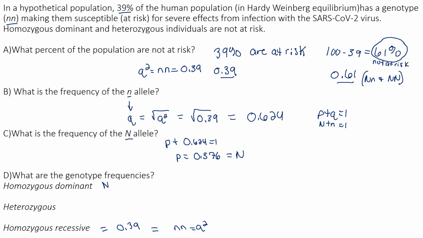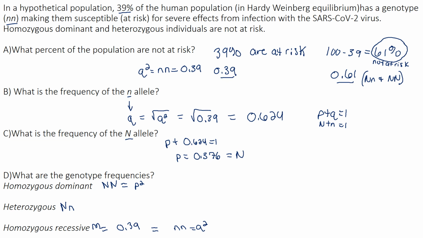Now we can find the genotype frequencies. We want to find this right here, and then this right here, and we already found this. The frequency of the homozygous dominant is going to be p squared, which is p times p, because p is the frequency of the dominant allele.